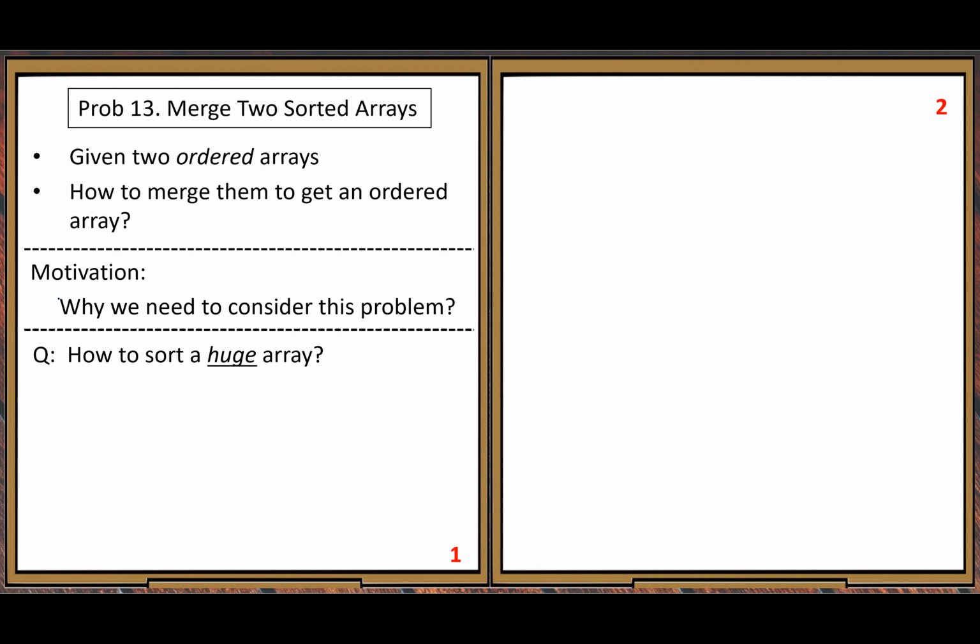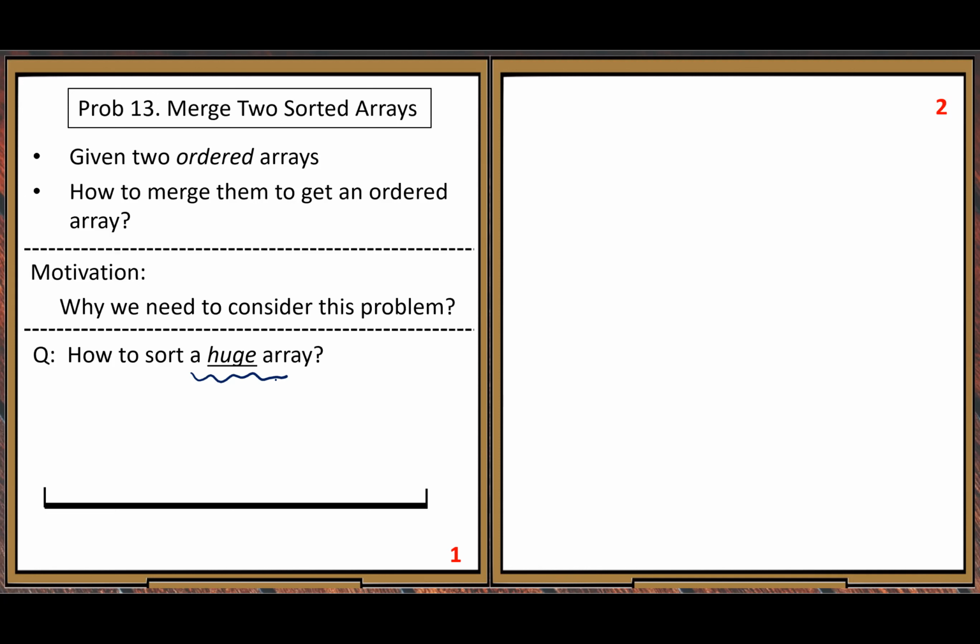Let's consider this question: how to sort a huge array. Still sorting, but the data is special. How special is the data? The data array is huge. How big is it? Let me describe it.